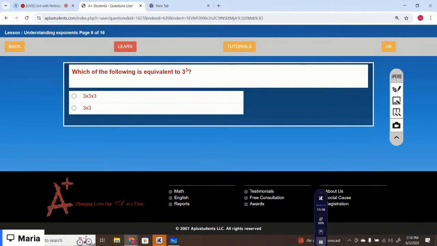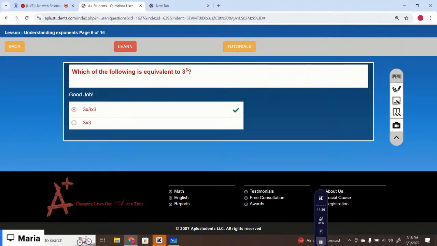So 3 exponent 3 means you need to multiply 3 three times. Option number 1 is the correct option. Very good.